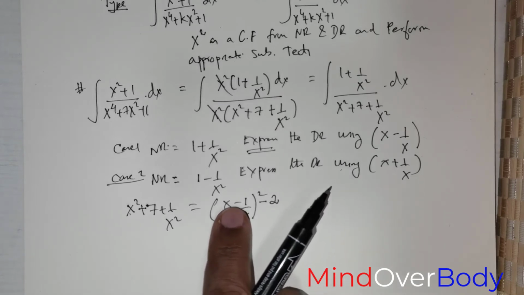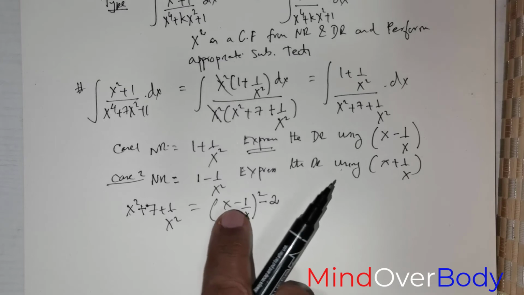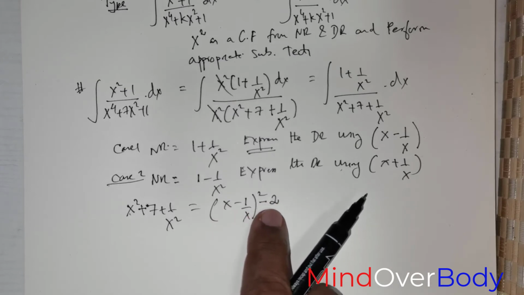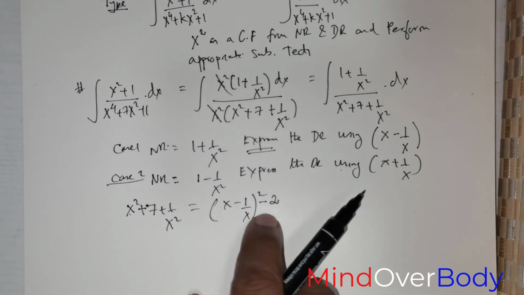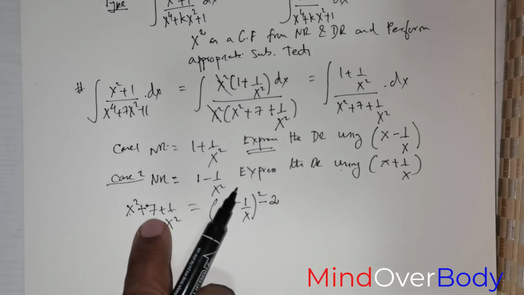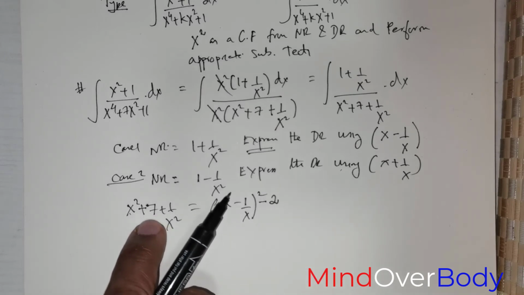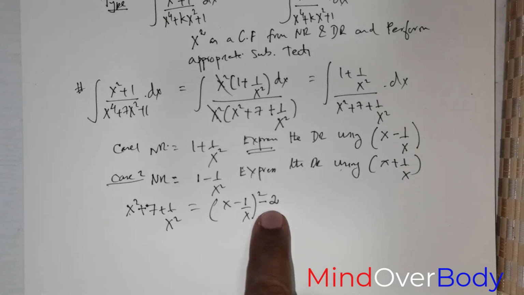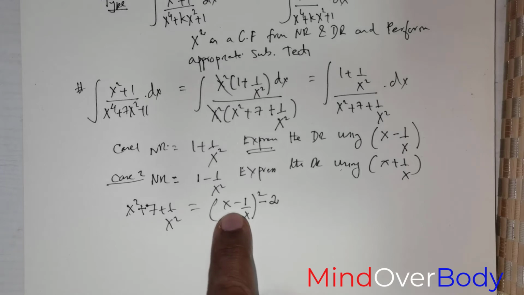Now if you were to get rid of this negative 2 in such a way that the cancellation which you are performing should ensure that we are able to get positive 7. So clearly from here, if I were to expand this, I would get x² + 1/x² − 2.